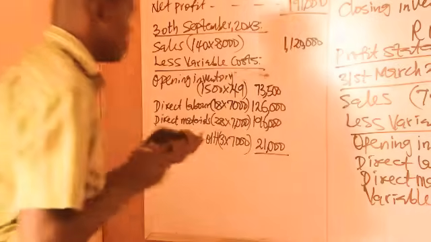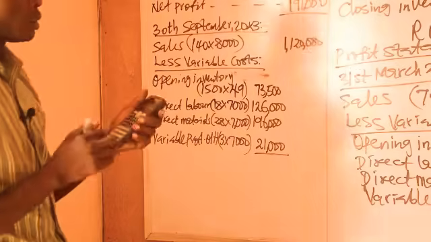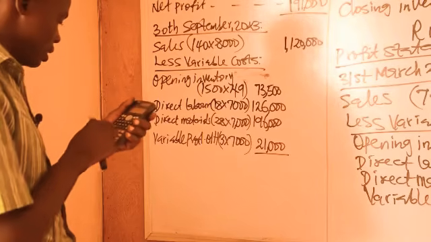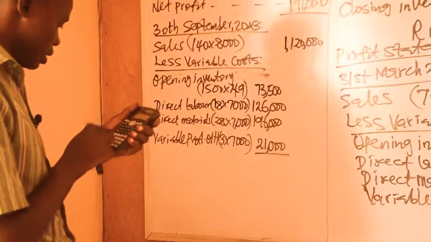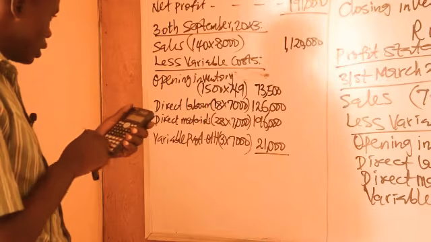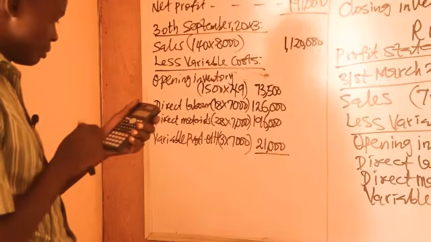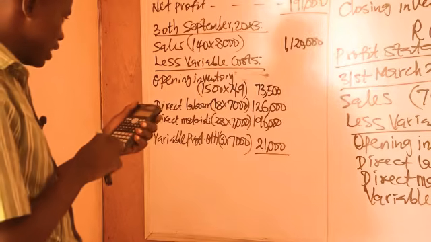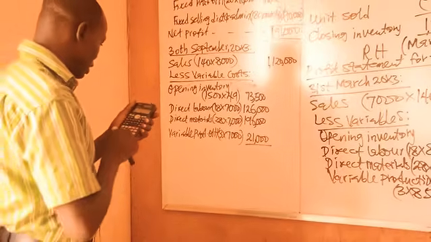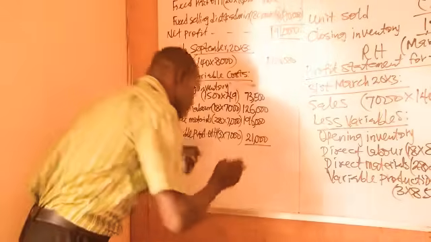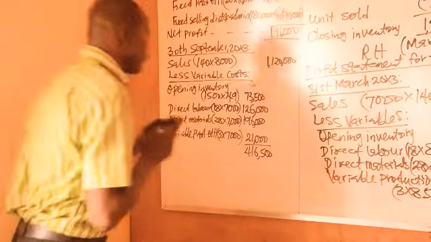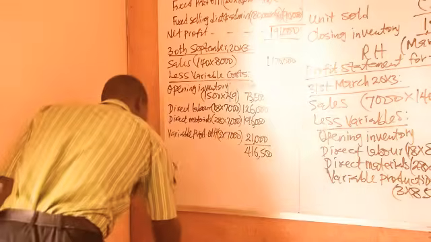When you sum it up, since you have 196,000 plus 126,000 plus 73,500, that will give us 416,500. From that, you less closing inventory.